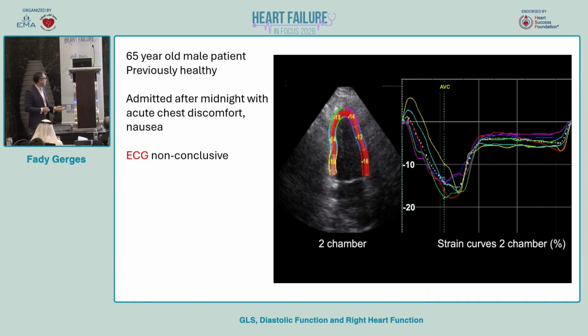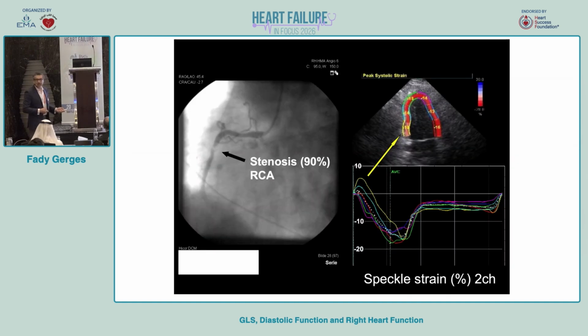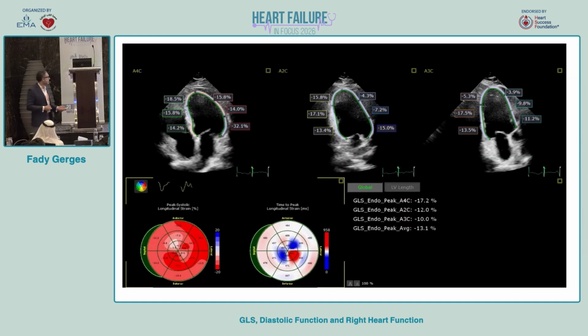This is the same territory. So we did angio after the troponin came high, and we found that he had severe, almost 90% stenosis of the proximal RCA. See how much the strain correlates really well with the culprit lesion, even before we do coronary angiogram.